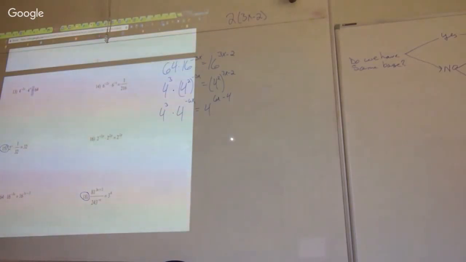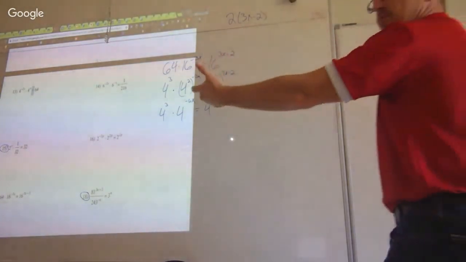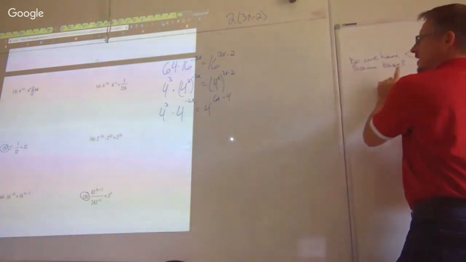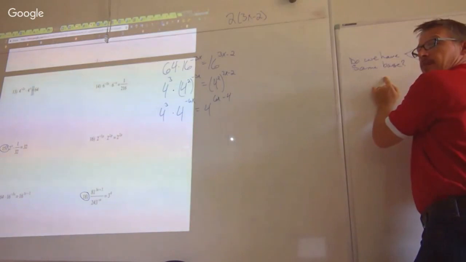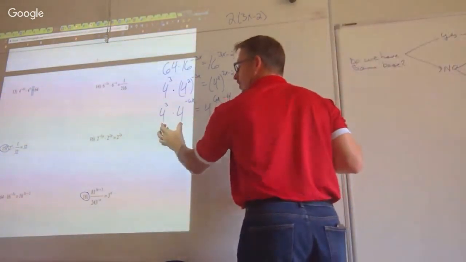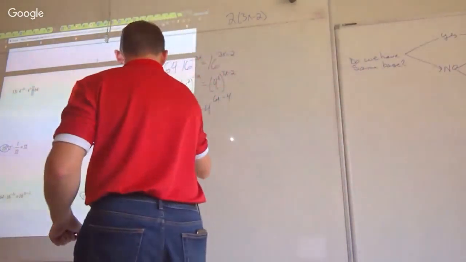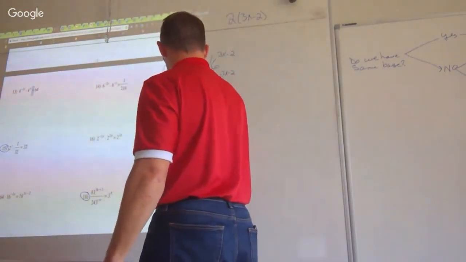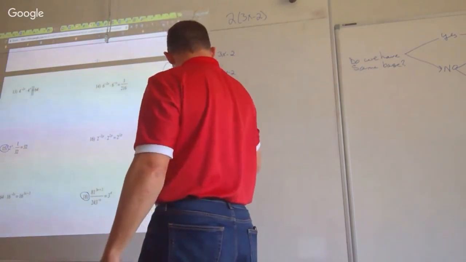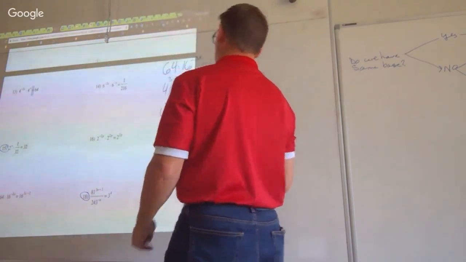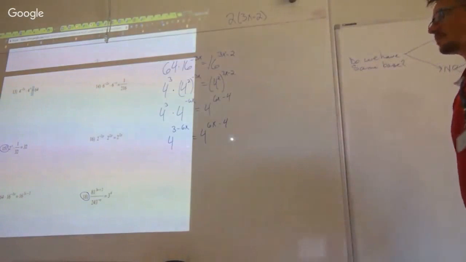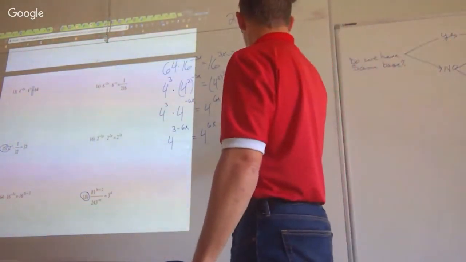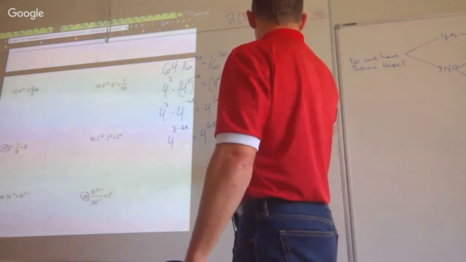So now, what can we do? We can't go here because I need a single base on each side. So you add the exponents: 4 to the 3 minus 6x, and you have 4 to the 6x minus 4. So 3 minus 6x equals 6x minus 4.